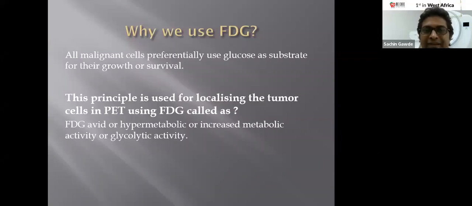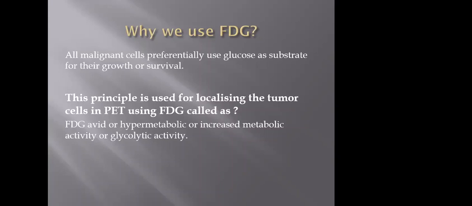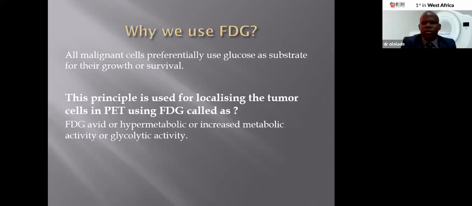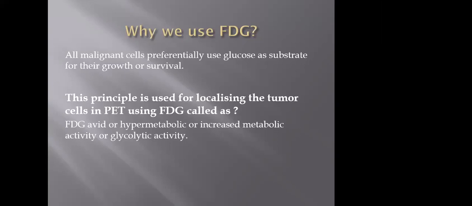Because almost every cell in the body uses glucose for survival, growth and multiplication. Similarly, the malignant cells, the cancer cells, also use the same substrate for their growth and expansion. But they use glucose at a much higher rate compared to normal cells, and that is how we pick them up using FDG PET scan. Next slide, please.